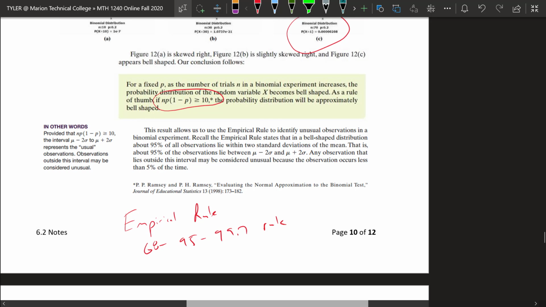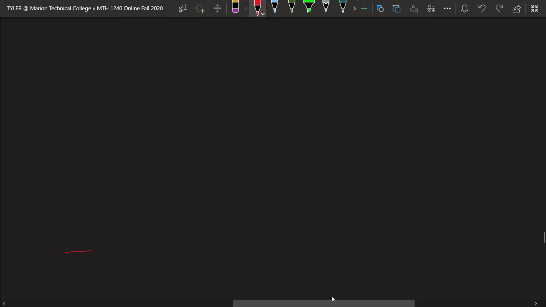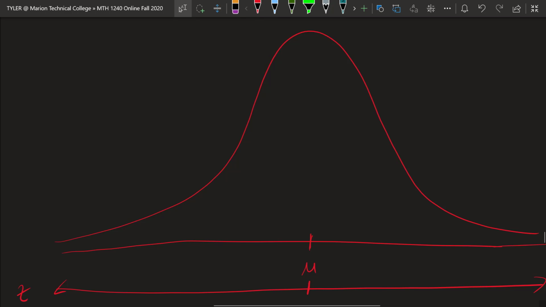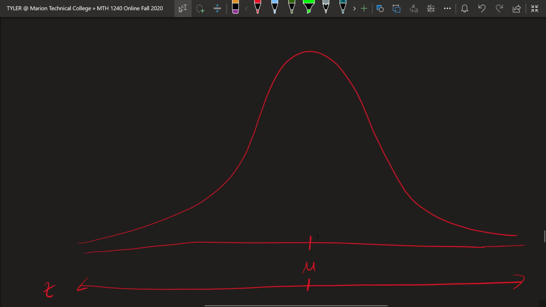So just as a quick refresher, what that says is if we have a bell-shaped distribution, a unimodal symmetrical distribution, then in the center we're going to have the mean. I could draw an axis right below with the z-scores. The z-score when you're at the mean is 0.